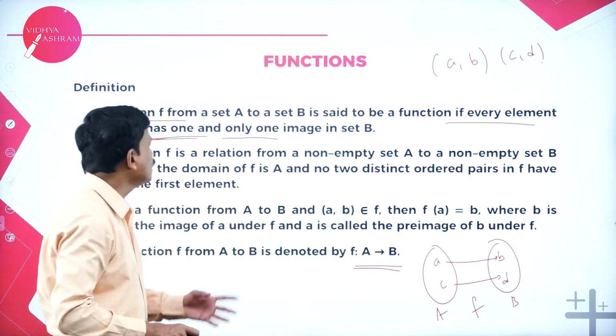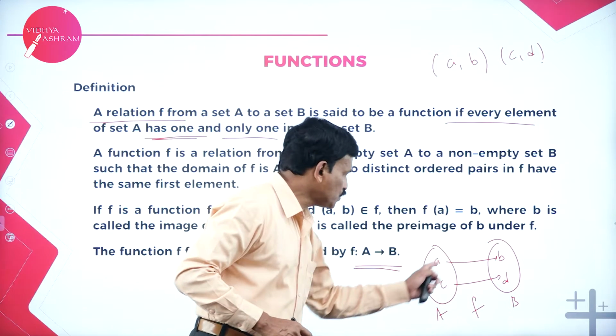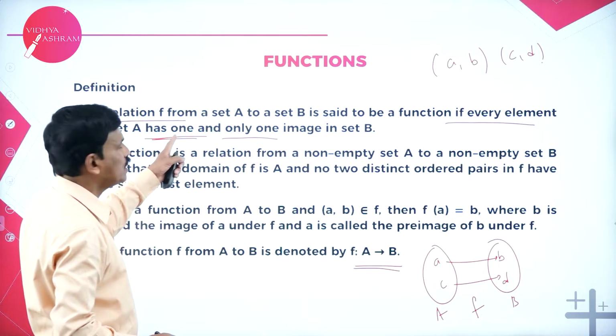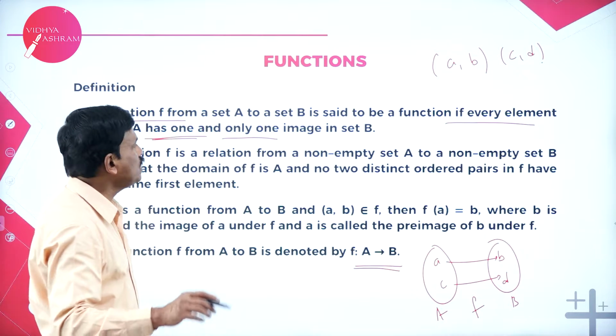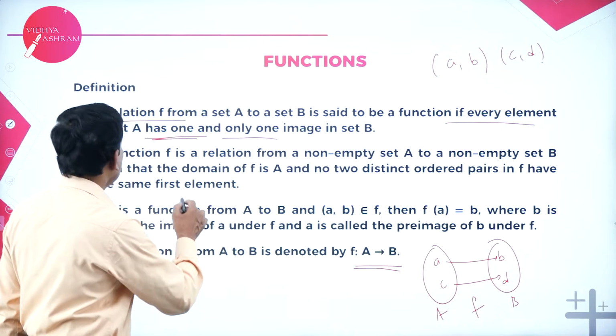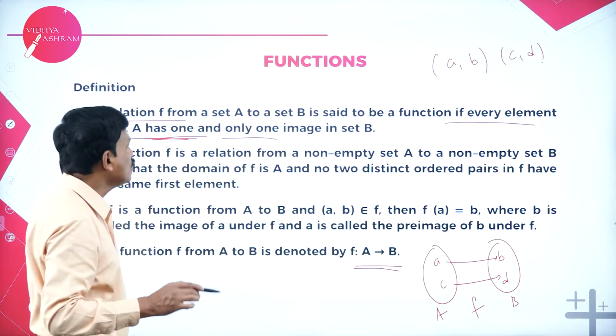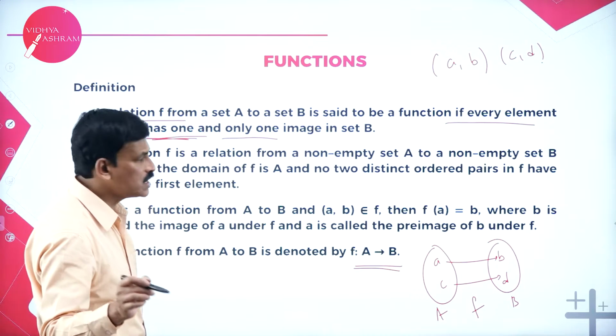Now how to define a function? A relation from a set A to set B is said to be a function if every element of a set has one and only one image in the set B.